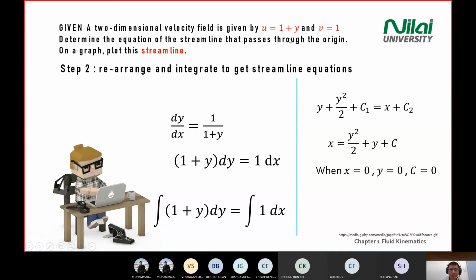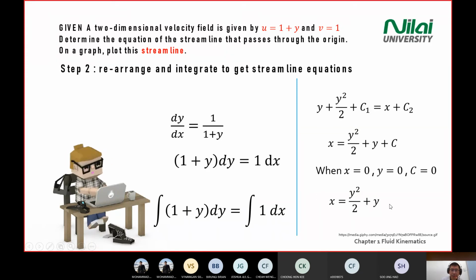In this case, we have a 2D condition, so x equal to 0, y equal to 0. You put these inside this equation and you get your constant value equal to 0. So we don't have a constant value. You rewrite the equation: x equal to y squared divided by 2 plus y. So this is our streamline equation.